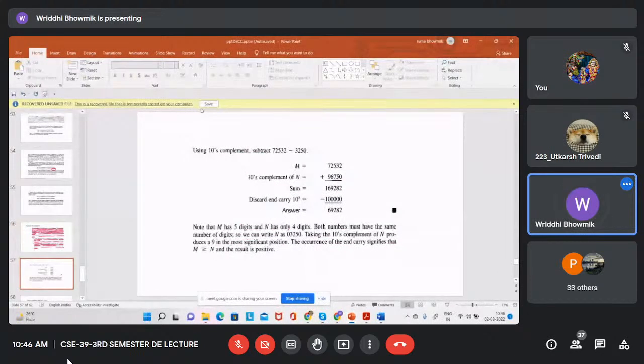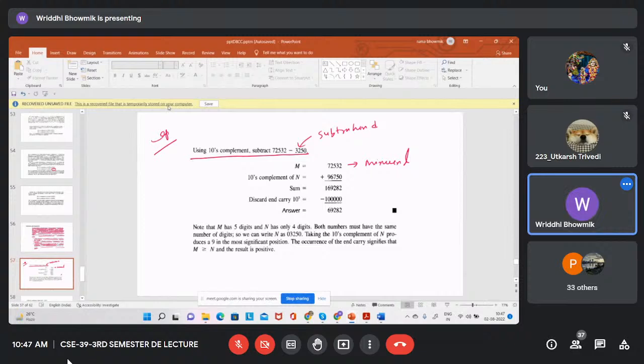Now here, using tens complement, subtract this. So this is one example of how to do the subtraction using tens complement. So you see, M is the minuend and N is the subtrahend. So what is the formula?